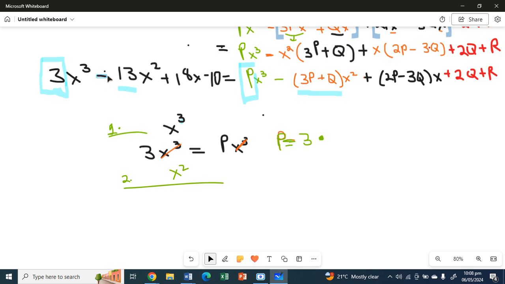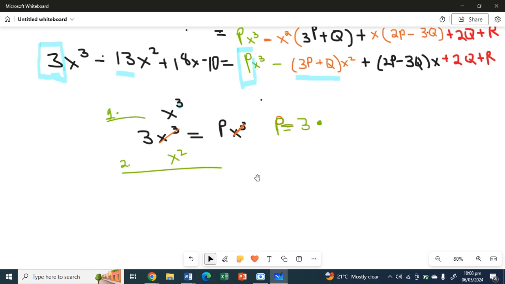So it's negative 13, and here we're going to put negative (3p plus q). Please do not ignore the negative signs. You might be tempted to, but do not.